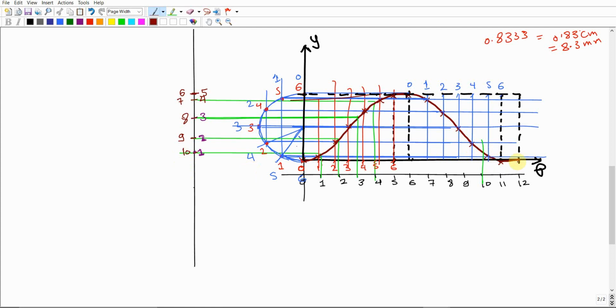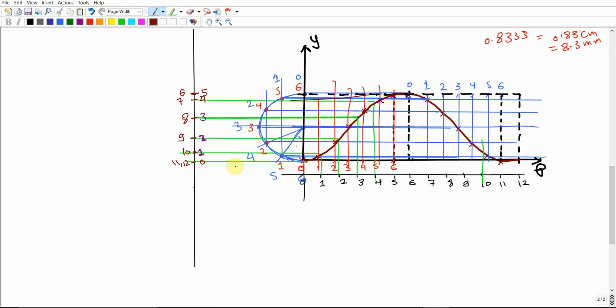And the 11th and the 12th are both going to be considered with the 0, because if we draw a horizontal line here, this is the first horizontal line that we should draw from the 0 point going all the way. So this is going to give us the 0, and the 11 and the 12 points will also be considered with the 0. So this mark has 3 things: 0, 11 and 12.